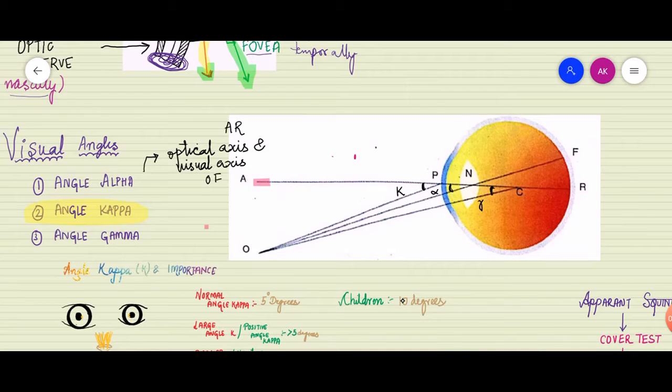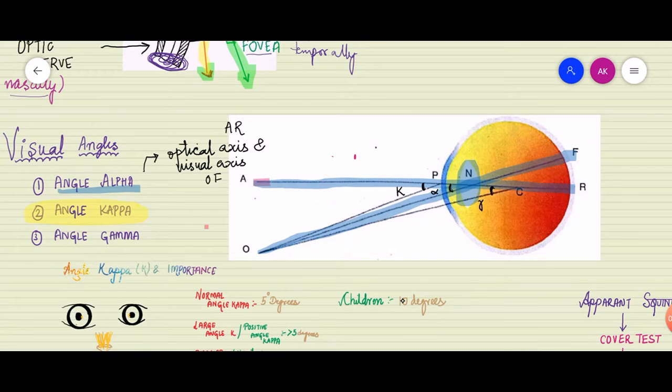Let me draw it for you over here. So this is the optical axis and this is the visual axis, and they are crossing at a point where? At the nodal point. So the angle which is formed at this nodal point is called the angle alpha.